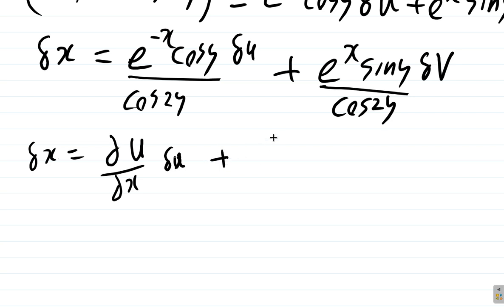Plus the partial derivative of x with respect to v times a small change in v.